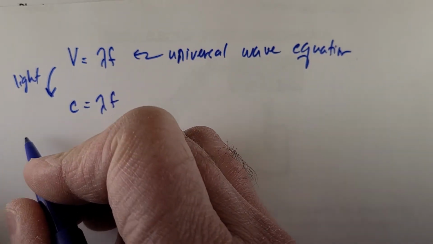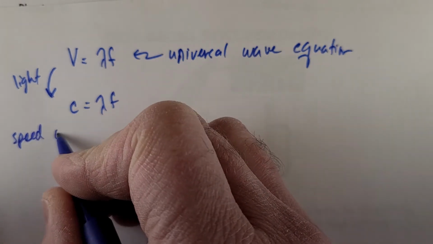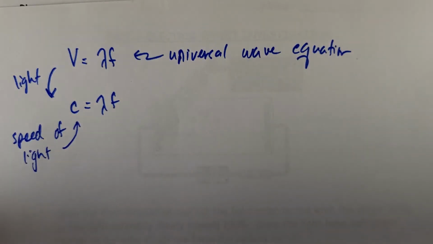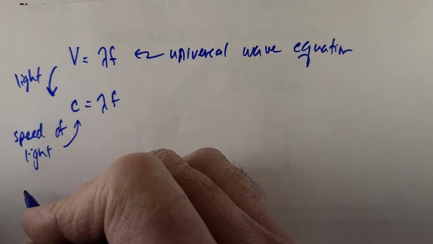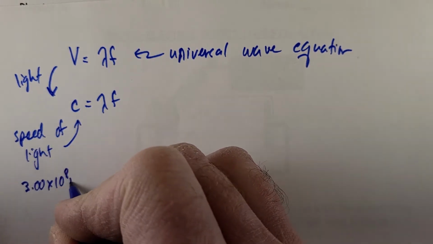Okay, so we have the speed of light, if that's what we're measuring the speed of. And of course, that is 3.0 times 10 to the 8 meters per second.